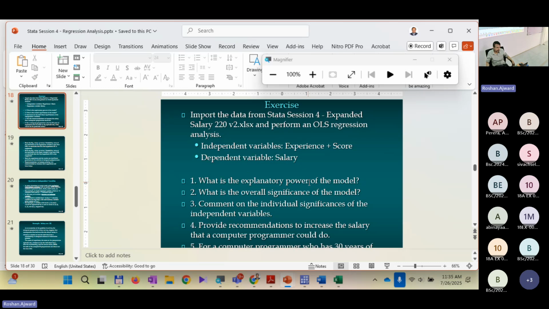One thing you have to do: download the Excel file and import the contents into Excel. You have to import the data, then do the regression and give the answer.